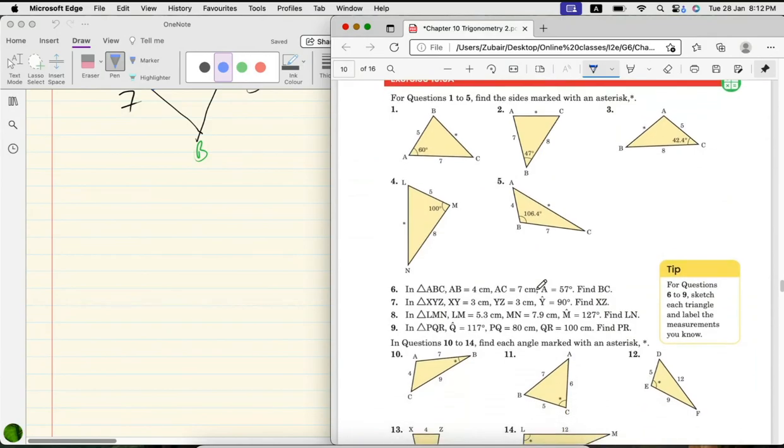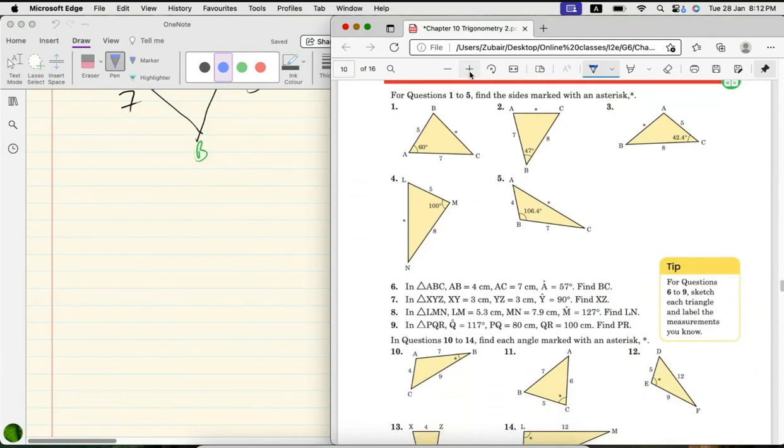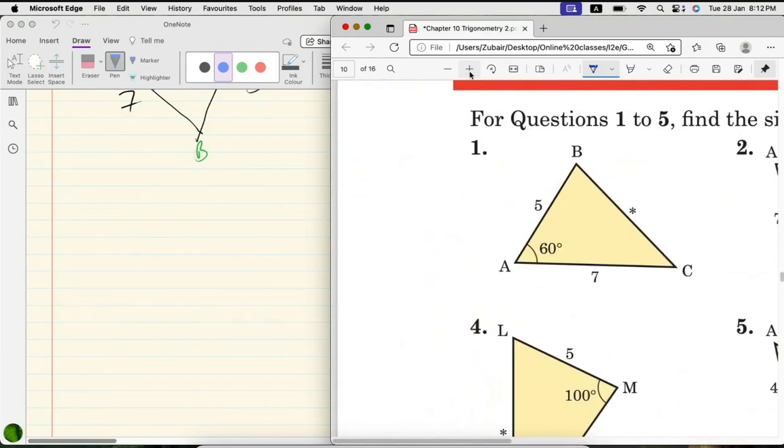Okay. 10.1a. The side is missing. And number 1, try this. Question 1.